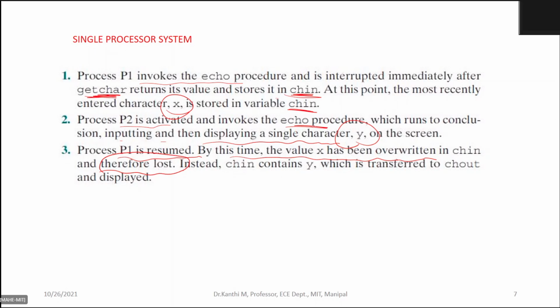So instead of getting the variable which I wanted, I conclude with the variable which was loaded by process 2. Because process P1 wants to display X, but it displays Y without my knowledge. This is what happens, which means we need to have some sort of communication among the multiple processes, so that what we want we can retain or keep.